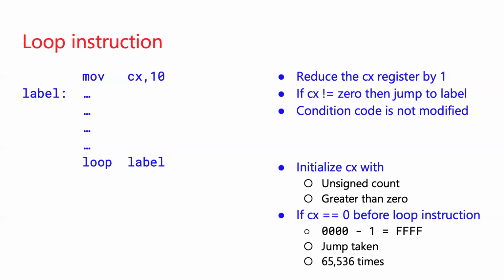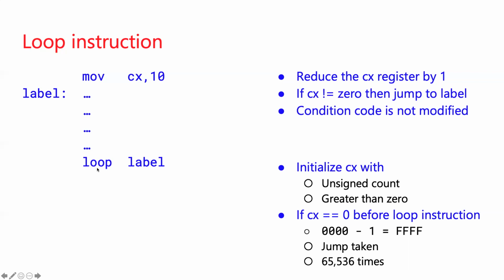That's why I said it's made for writing loops where the assumption is you're going to take at least one iteration, because based on what I've said, if you started CX out at 0, loop is going to behave predictably, but probably not the way you want. If you start CX out at 0 and you hit this loop instruction, it's going to decrement CX. Well, now CX is not 0 anymore.